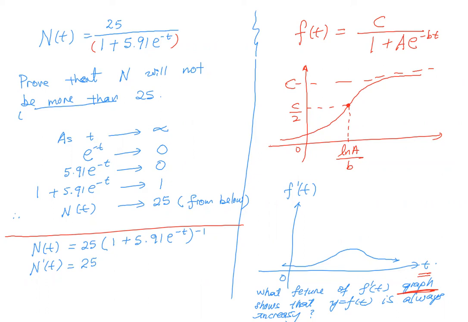You can use u and v. 25, then multiply by the power, copy down the whole thing, power take away 1, then times by whatever inside the bracket.